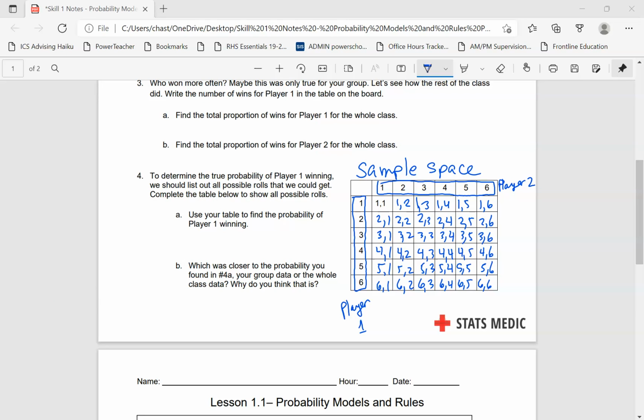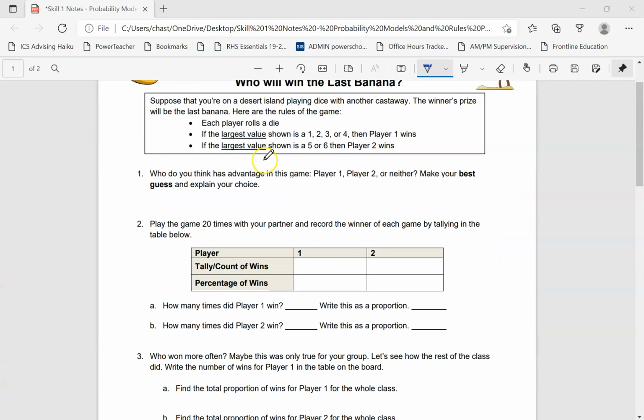So now we want to use the table to find out the probability of player 1 winning. If we go back up to the scenario here, player 1 wins if the largest value shown is a 1, 2, 3, or a 4.